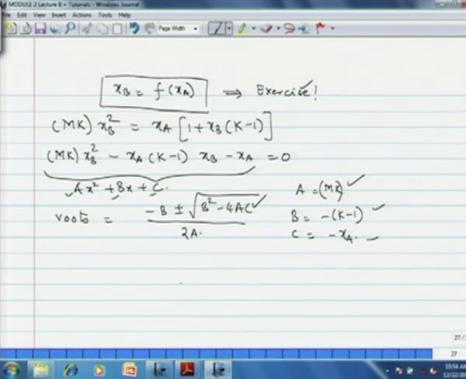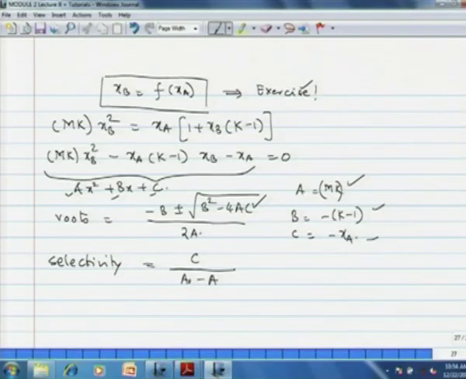Okay. We can come back to the selectivity. Selectivity we have defined as the number of moles of desired product C formed divided by the number of moles of A, which is a limiting reactant converted. So, C divided by A naught minus A. And now, if we substitute the two things, we already have expression for C and A naught minus A in terms of XB.